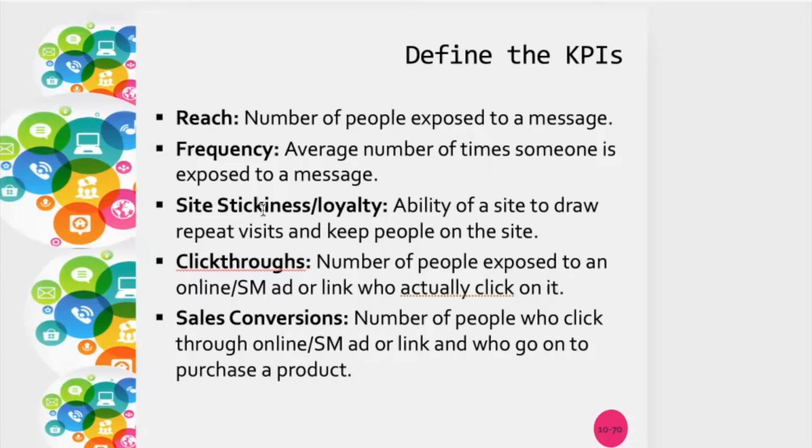So the higher the sales conversion, for example, 100 people click through and 100 people purchase, you would have 100 divided by 100, a 100% sales conversion. This would mean that all people who come on your landing page or on your web page purchase and you have a 100% sales conversion.